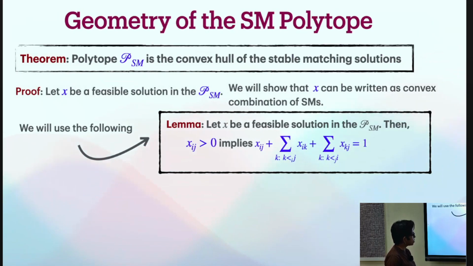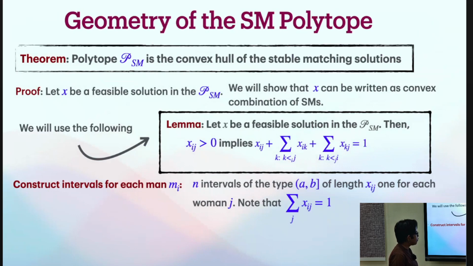Okay, let us come back to this. Now for every man mi, I will consider these values xij. For man mi, there are these n values, xi1, xi2, xi3, and so on, one for every woman, correct.